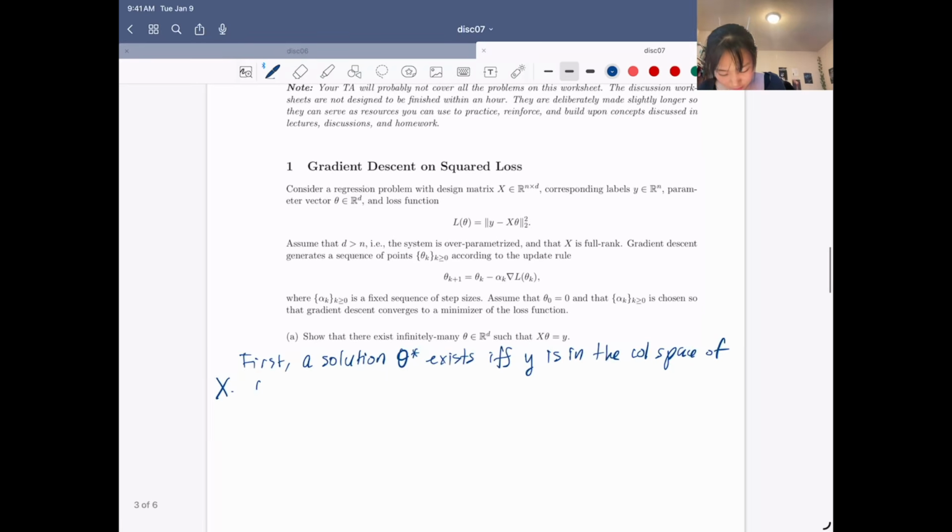Basically, we want to show that y can be written as a linear combination of the columns of X.